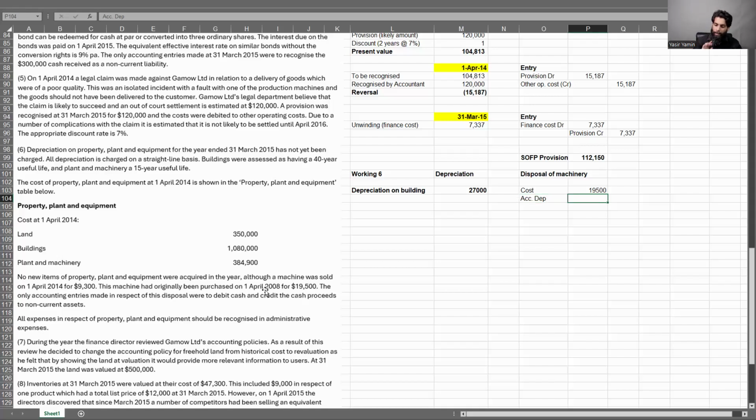So 19,500 was the asset's value. Total useful life is 15 for all machinery. 6 years would have passed up till now. That means 7,800 accumulated depreciation would have occurred on this. Let me know, is there anything that you do not understand up till now?